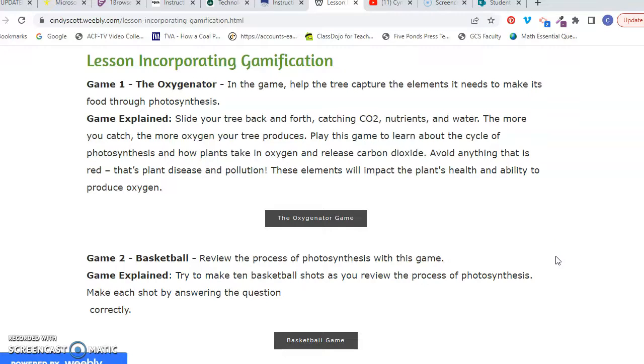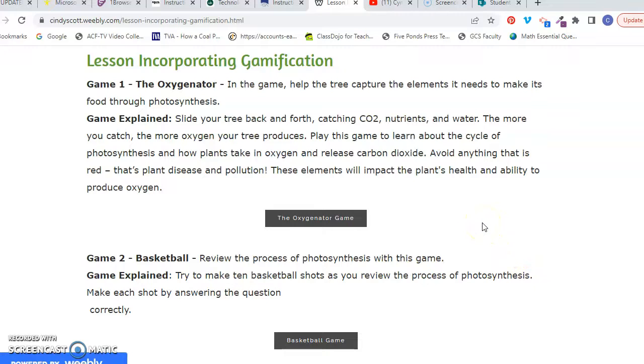And in this one, there is a tree, and the students will move the tree around and try to capture the elements that a plant needs for photosynthesis to take place. They have to catch the carbon dioxide, the nutrients in the water.